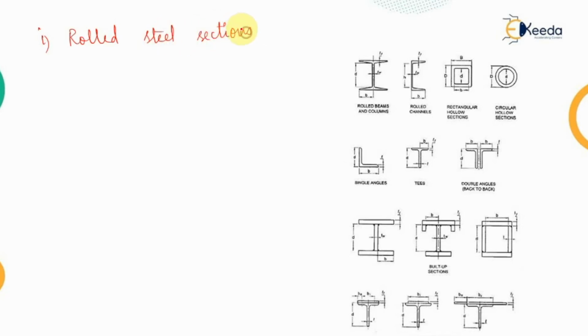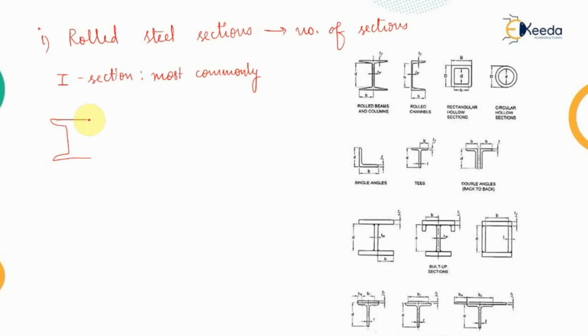Now in the rolled steel sections, a number of sections are used for the beams. The prime example is the rolled I section. This is most commonly used. Let's say this is an I section which is used for the steel beams.